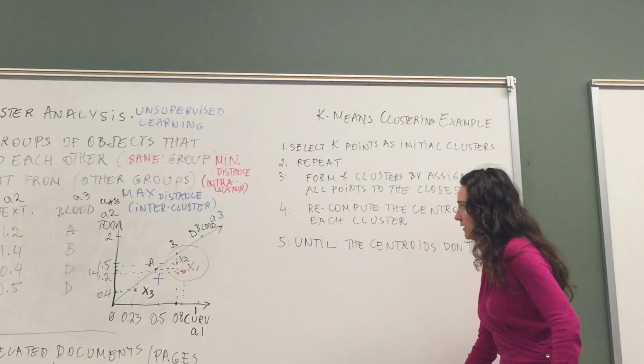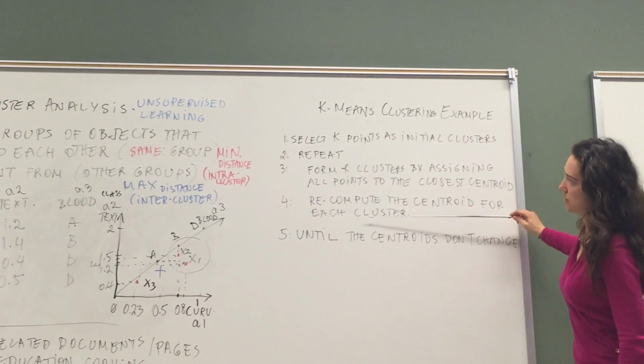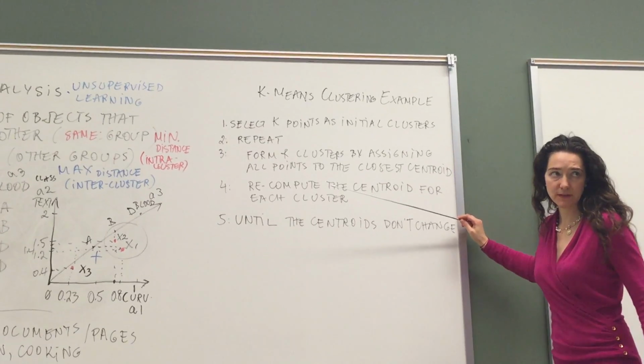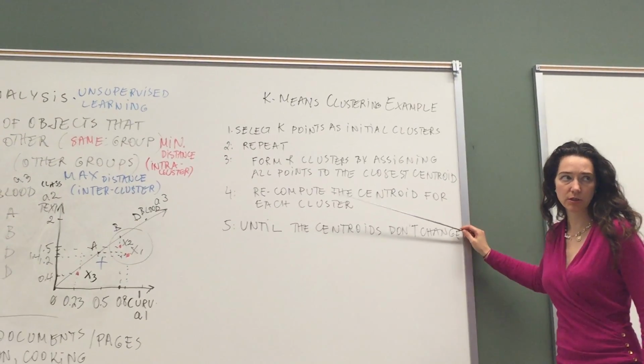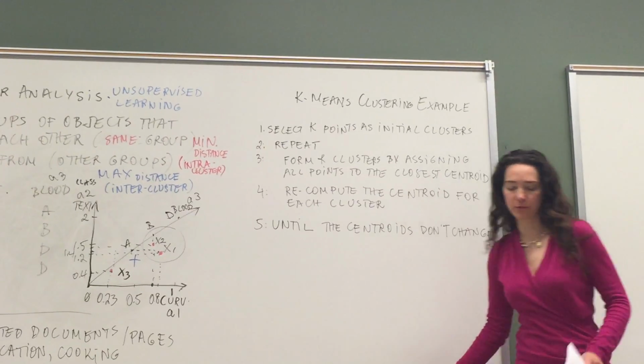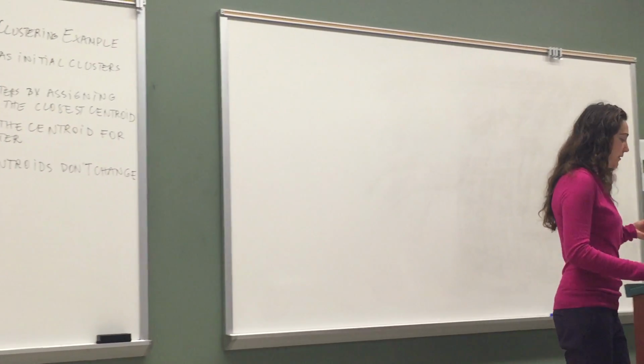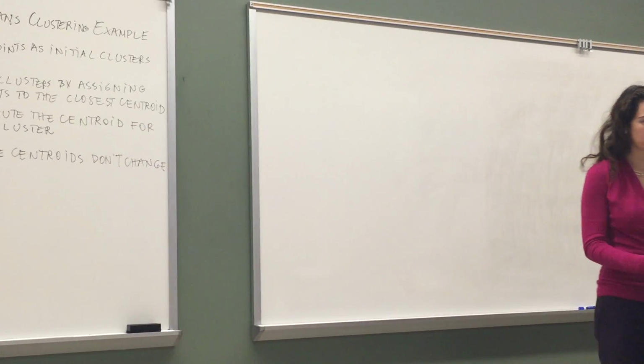Each time we repeat, we will have a new iteration. We have seen in our slides earlier there were 6 iterations until the centers stop changing. That's when we say that the algorithm has converged.